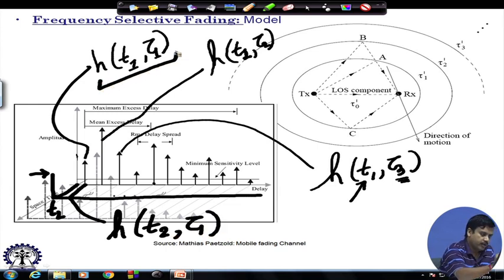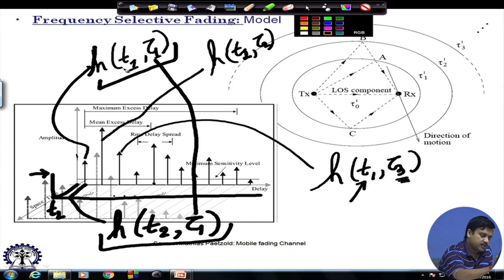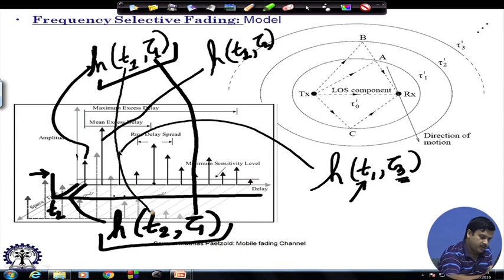So, we will look at this and we will look at this. Both have the delay tau 1, it is basically the same channel coefficient which is being studied at two different time instants, that is t1 and t2.